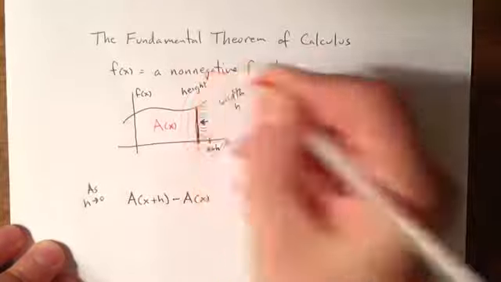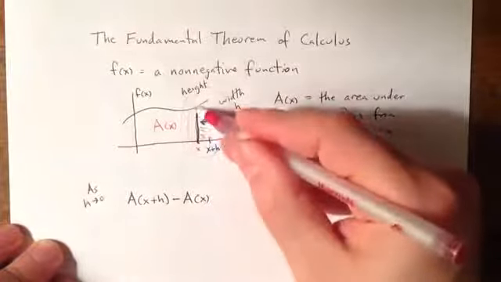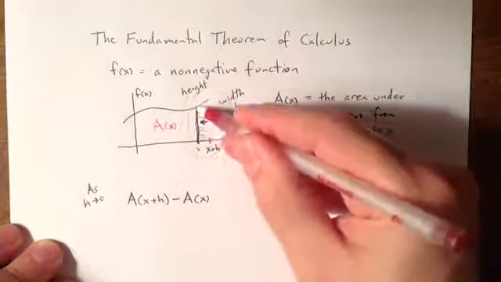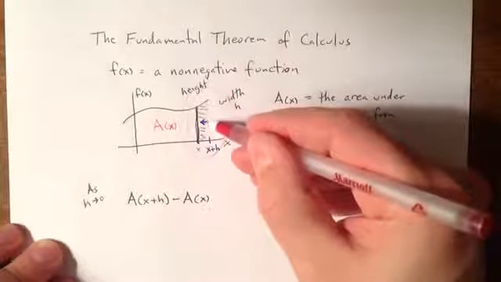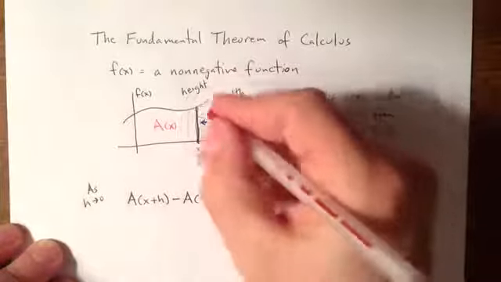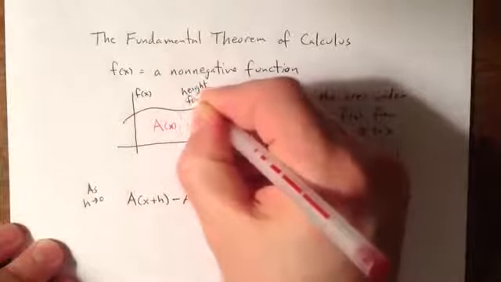if you think about it for a moment, the height of that region is going to be the value of f of x. Right? As this line moves closer and closer, as h gets smaller and smaller, the height of that region is just going to be getting closer and closer to f of x.